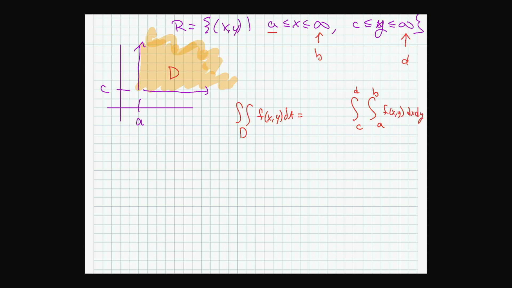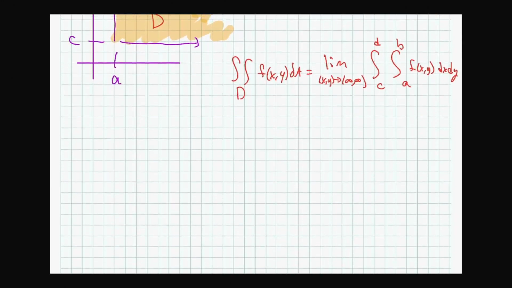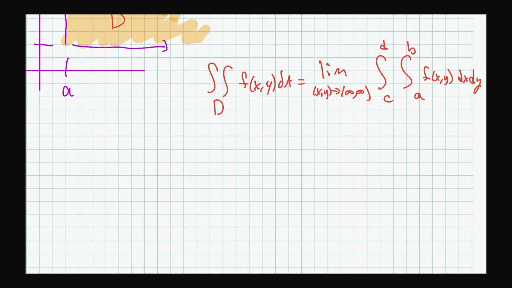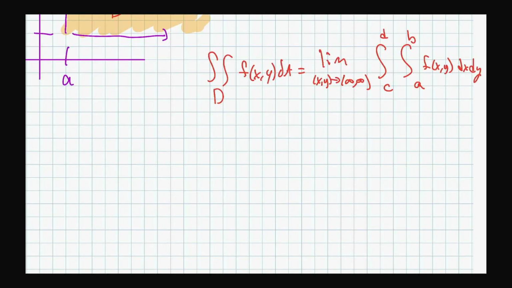But remember, there was no d and b. Those were made up, right? It was actually infinity and infinity. So you say the b is supposed to go to infinity and the d is supposed to go to infinity. So you put a limit here, and they actually do a two-dimensional limit there. You could do those as separate limits, but they didn't.